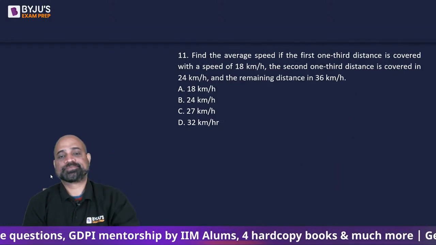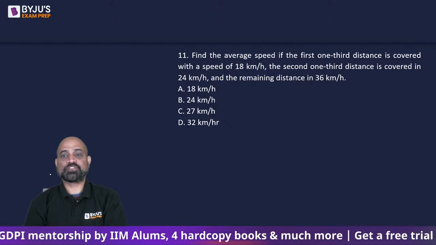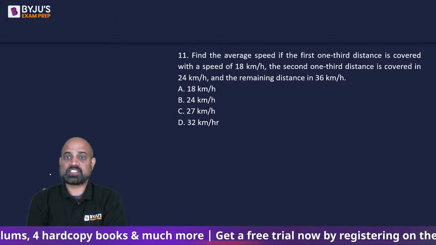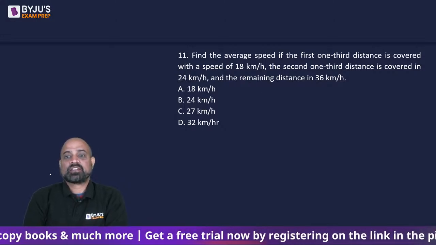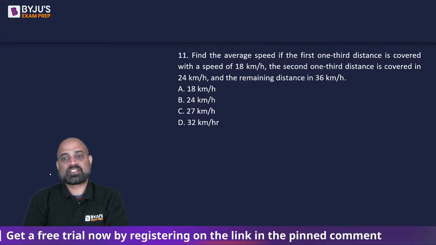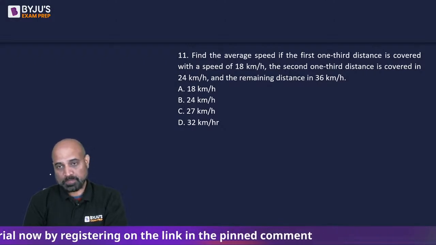ओके, नेक्स्ट. Find the average speed if the first 1/3 of the distance is covered with a speed of 18 kilometers per hour. The second 1/3 distance is covered in 24 kilometers per hour and the remaining distance is covered in 36 kilometers per hour.